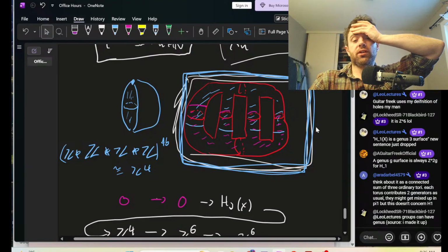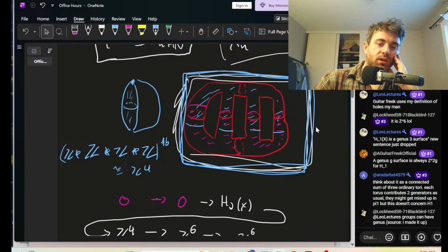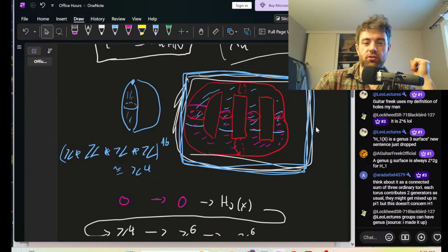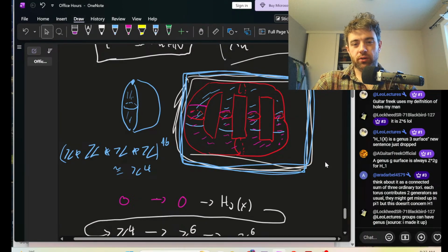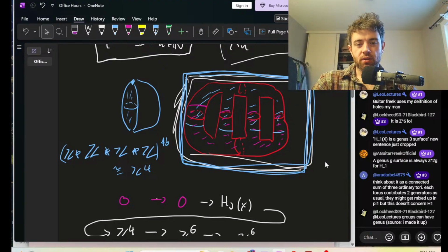Now, what's the best way to set up the complex to compute it if we were to just do brute force combinatorics? Like in this picture here.